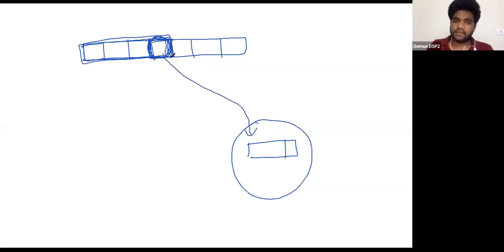What I said is, for this particular array, if I compute the largest subarray ending at this index, then that will be the answer, assuming that the actual answer ends at this index. Do you understand this point?